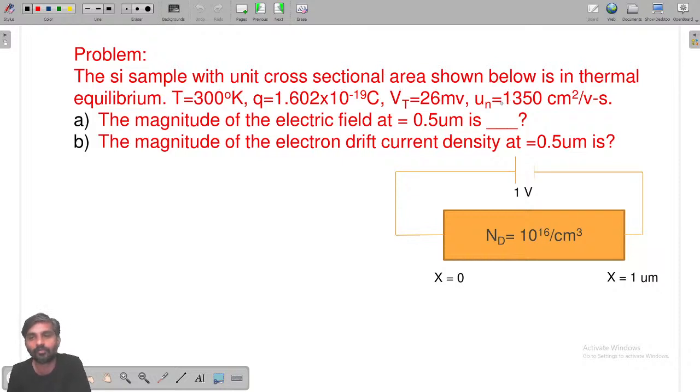Mu n is equal to 1350 centimeters square per volt second.